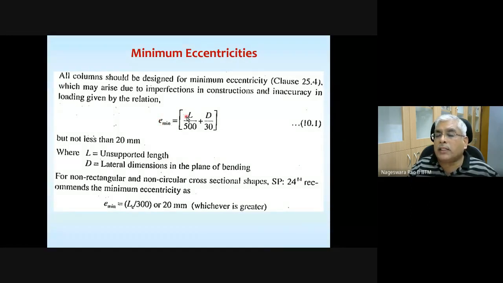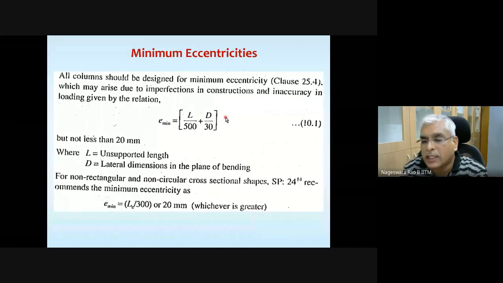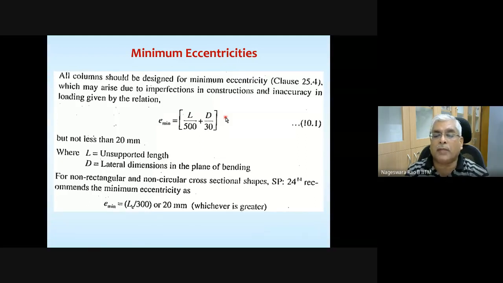The minimum eccentricity is given as L divided by 500 plus D divided by 30. Please note that this is an empirical relation, and all the dimensions should be in millimeters.